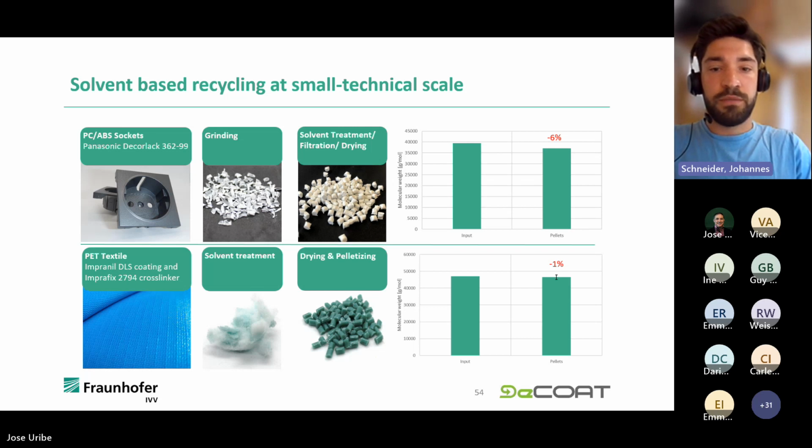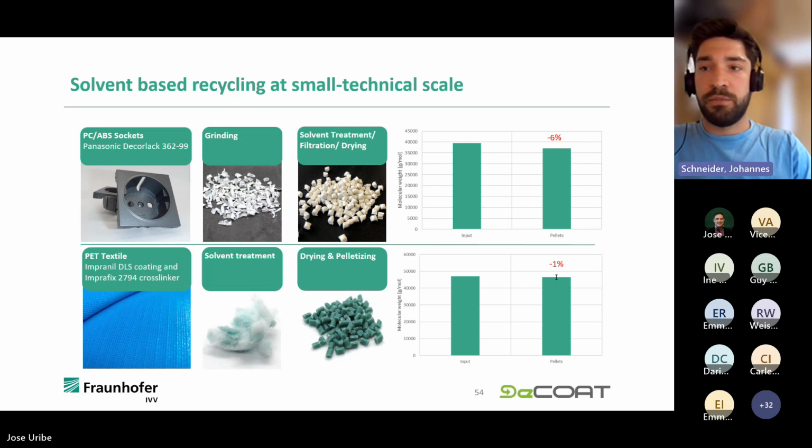So we processed both of these materials at the pilot line that I've shown and successfully received PC-ABS and a PET recyclate with, as you can see, very good properties. With GPC measurements to determine the molecular weight, we measured that only a slight decrease in molecular weight happened over the recycling process.